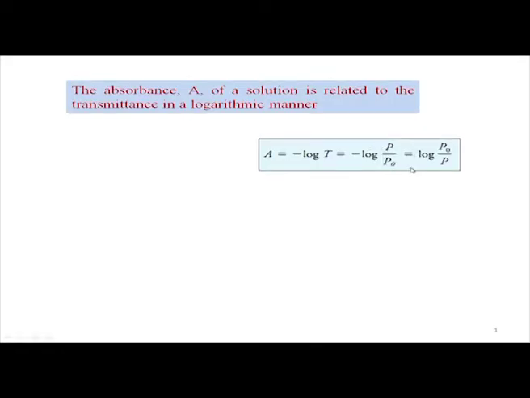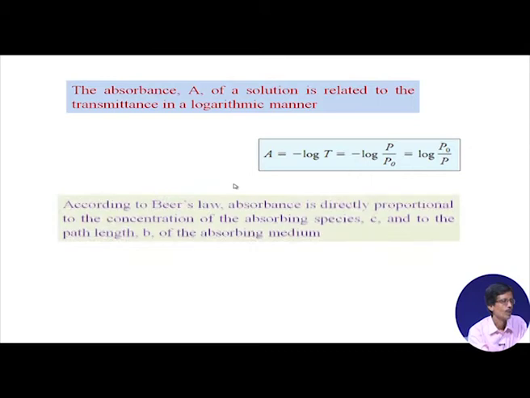T is nothing but P by P0. We are simply correlating it with A, which is defined as absorbance. So, the transducer and the output device will give us the direct recording of the A value against the lambda value.